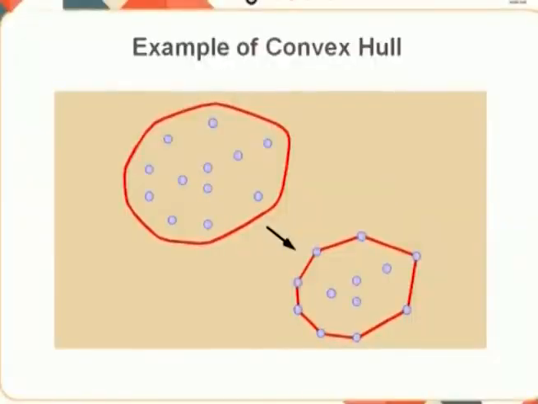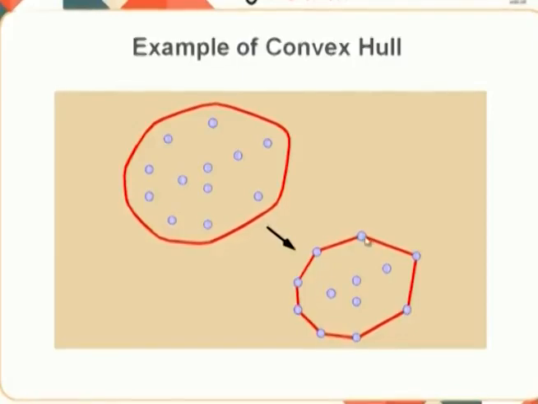The formal definition is: convex hull is the smallest convex polygon that contains all points of S. This is the formal definition of convex hull. So, you can see very well this is an example of a convex hull. These are various points that are given. You can see the closest polygon that can be approximated is by connecting all these points to get this.